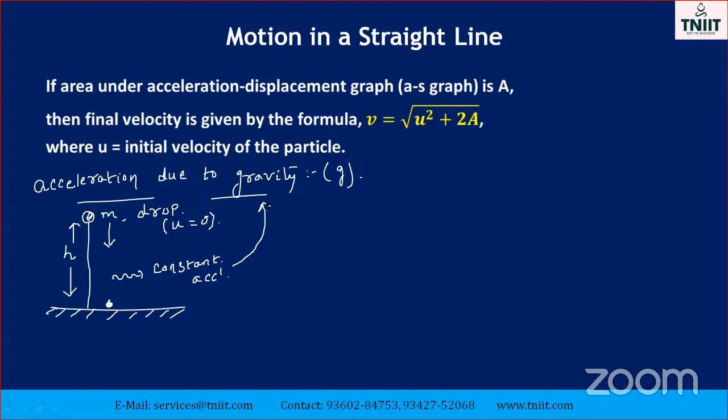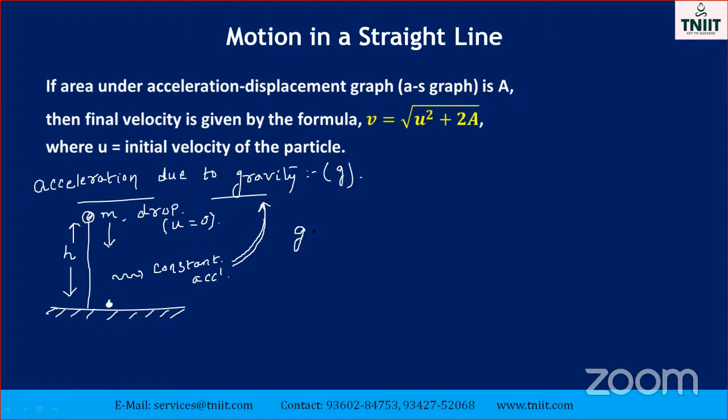So acceleration due to gravity is the one with which the particle is going to come down towards the Earth's surface with constant acceleration.